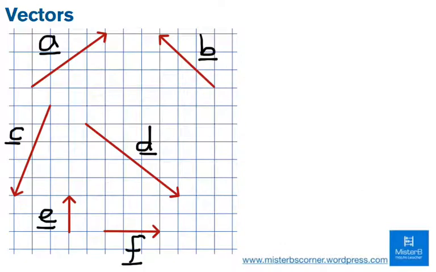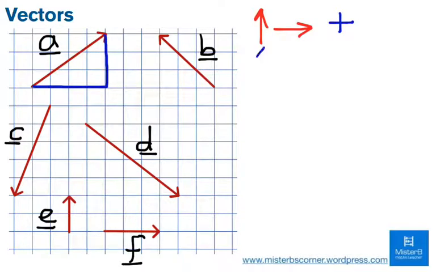Now let's write the column vectors for the given vectors here. And remember, up and right is a plus, down and left is a minus. So for the vector A, let's count, 1, 2, 3, 4, 1, 2, 3.